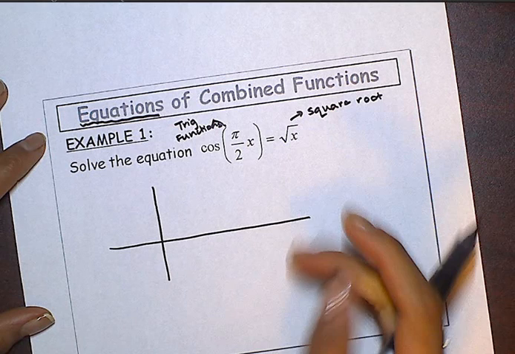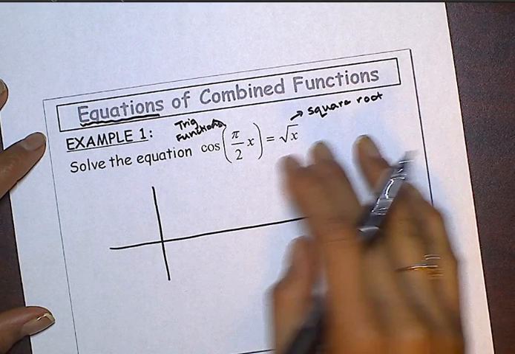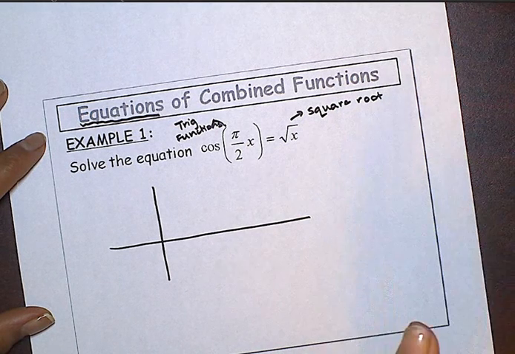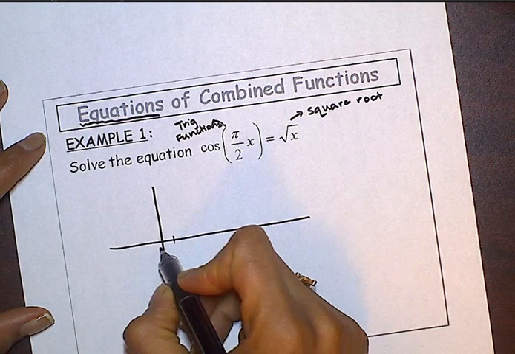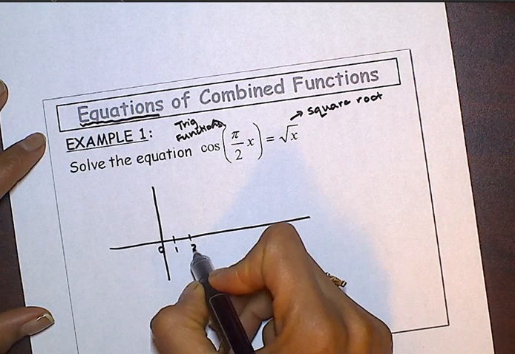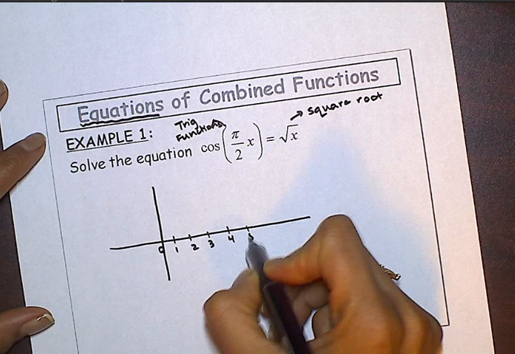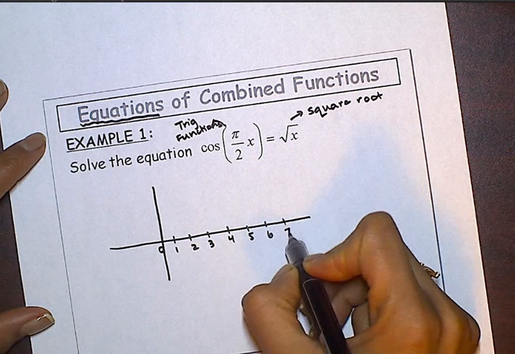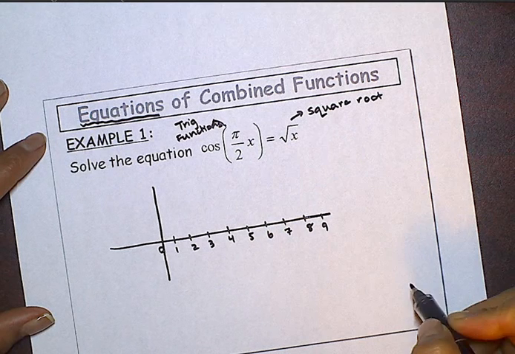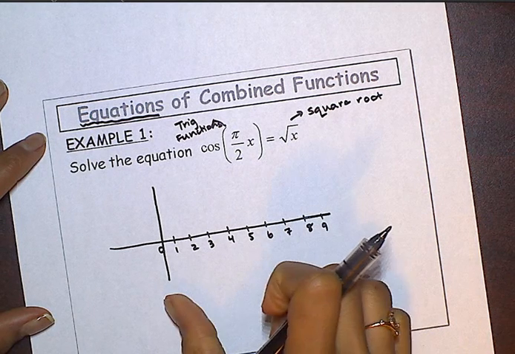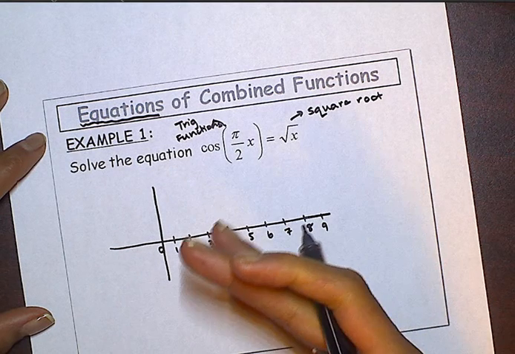Here I have 0, 1, 2, 3, 4, 5, 6, 7, 8, and 9. You don't necessarily have to. If you're able to figure out the point of intersection, you don't have to elongate your x-axis. However, I just want to see the full picture.